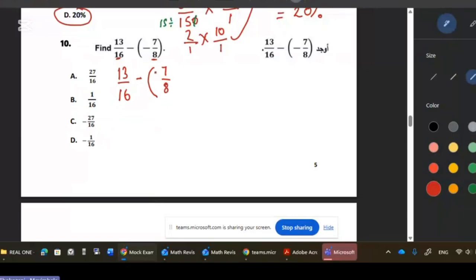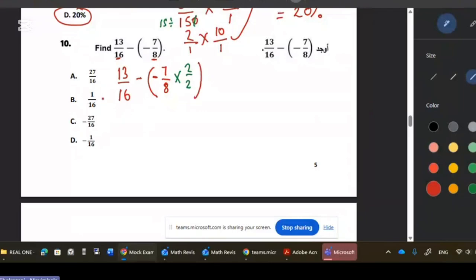Now, I need to ask myself, how can I change this 8 to be exactly the same as 16? We can multiply 8 by 2. Oh, someone is saying something there. Yes, you can multiply everything by 2 there. Already someone is saying something. I thought I was alone here. Thank you to know that I'm with someone.